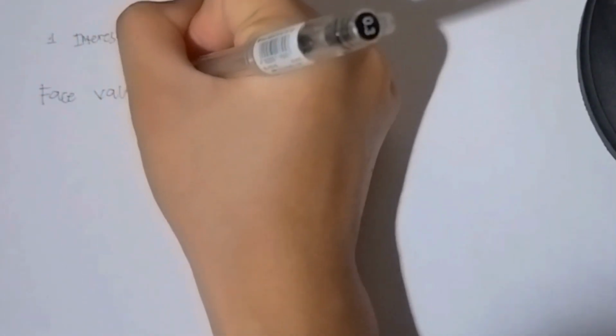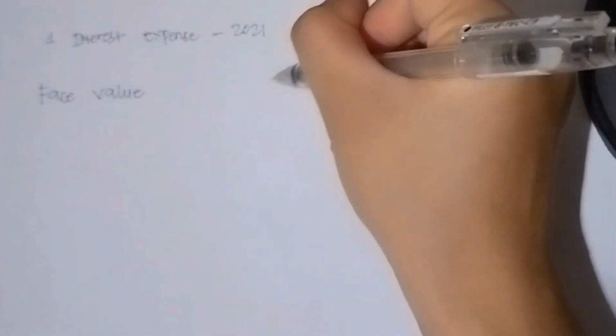Number 1, interest expense for the year 2021. To compute, we have the face value amounting to 2 million pesos.